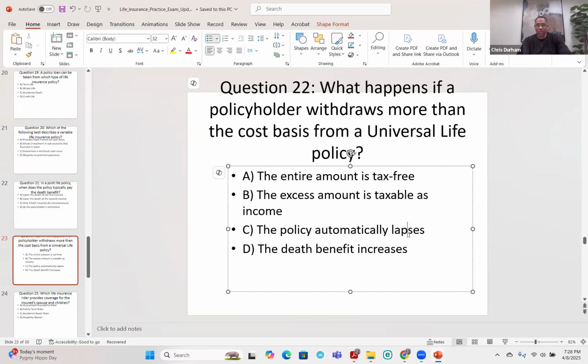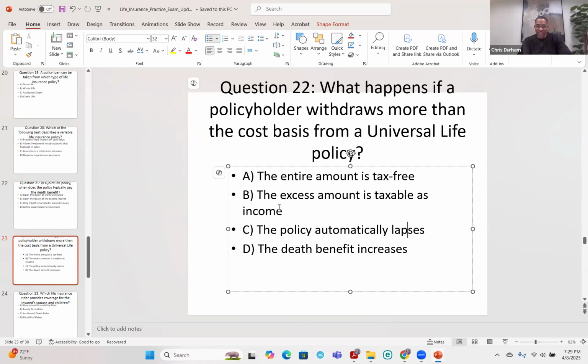The competition is out here selling this like ice cream on the 4th of July, and they are lying to people, because it says right here on the state exam that the excess amount is taxable as income. They sell these policies all day long, telling people how much tax-free money they're going to get.